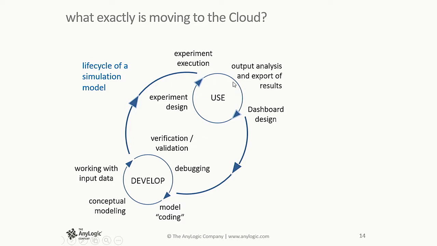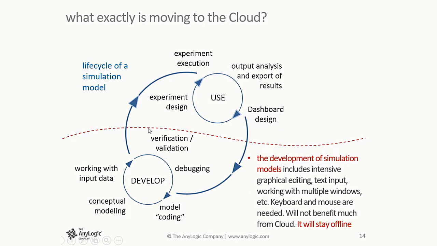Then there's the usage subcycle where somebody actually runs the model, looks at the outputs, adjusts inputs, customizes dashboards, does experiment design. Obviously, these are interconnected loops because you return from usage to correct the model and you run it again.